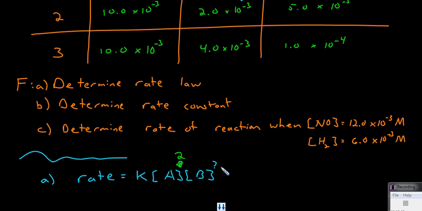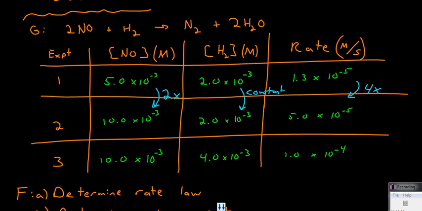What is the order of B? So find experiments, 2 of these 3 experiments in which NO is held constant and H2 is changed. Here, H2 is doubled. What happens to the rate of the reaction? Here it goes down by 5 times? No, hold on.